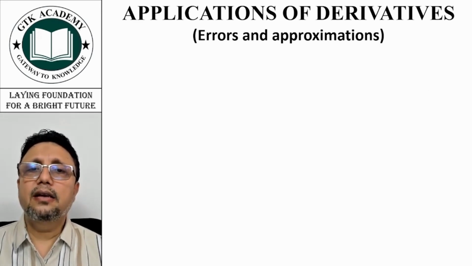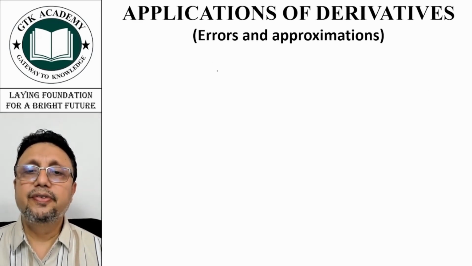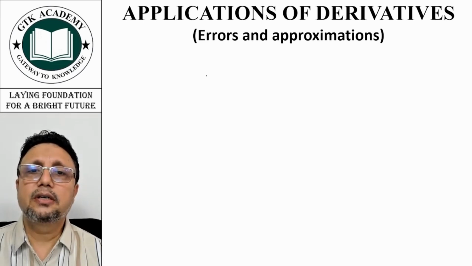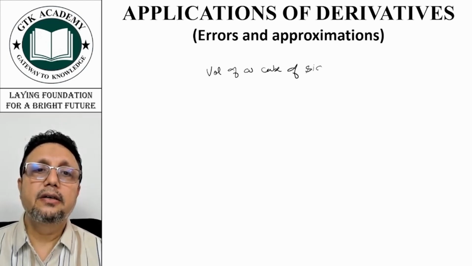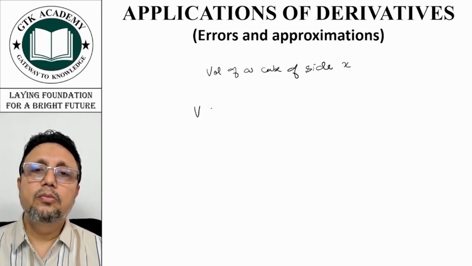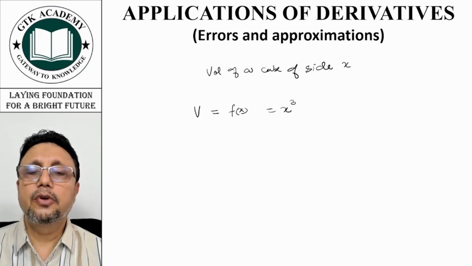Let me again give you one example which will give you more clarity on the subject. Say we have to calculate the volume of a cube of side x. Now the volume will be a function of x, which is equal to x cubed, right?